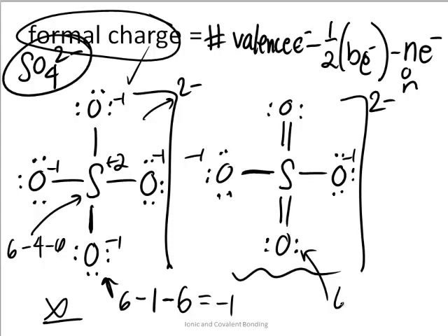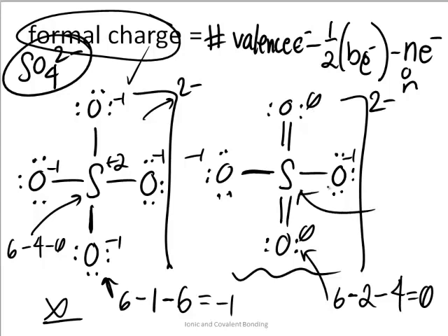They still have 6 valence electrons. This time they have 4 bonded electrons, 2 in the single bond and 4 in the double bond, so 4 times 1/2 is 2. And then they have 4 non-bonding electrons, and that gives us a formal charge of 0. Same for the oxygen up here.